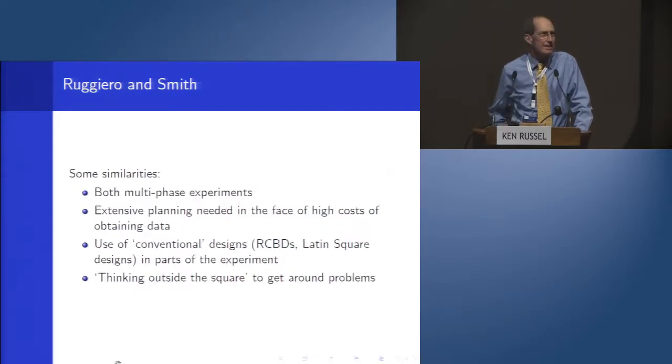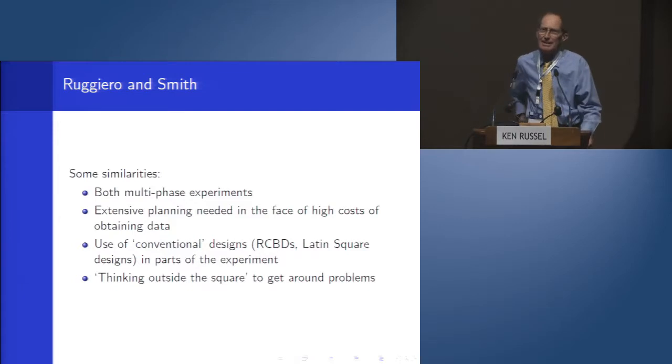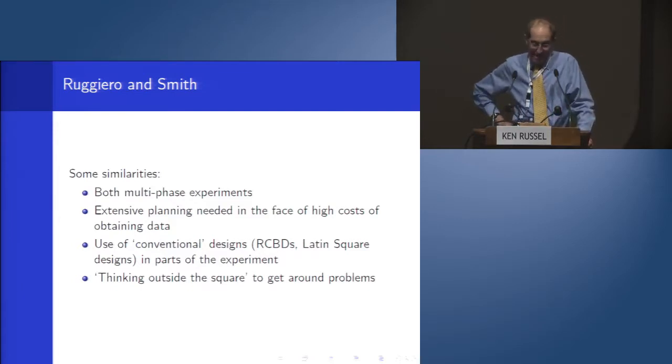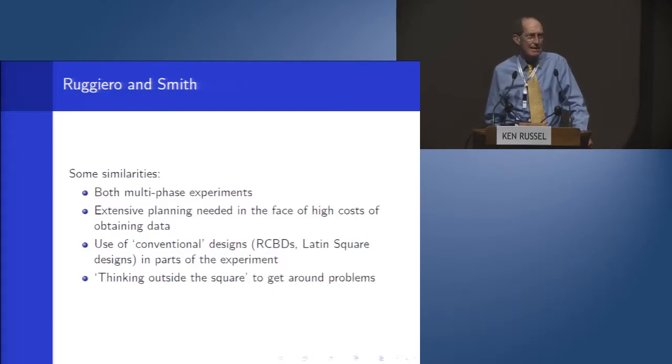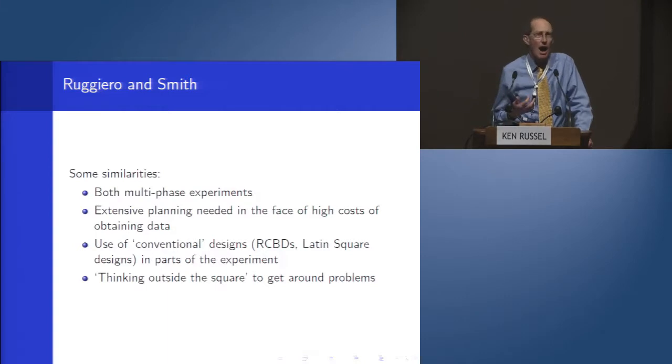I'd like to make just a few brief remarks. I'll take the papers by Kathy and Alison together because they're somewhat more similar than different. Some of the similarities, of course, were that they were both multi-phase experiments, and it was very clear that extensive planning was needed because of the high costs of obtaining data.